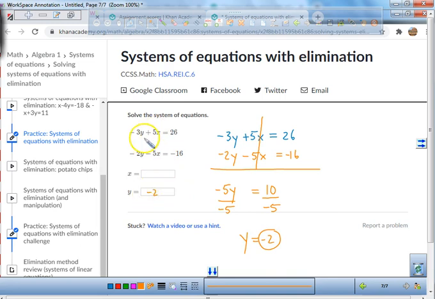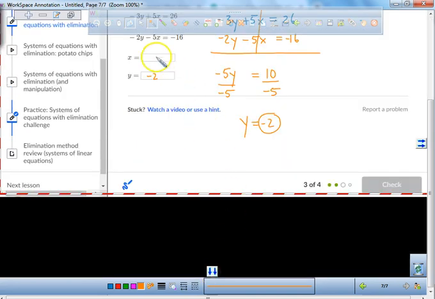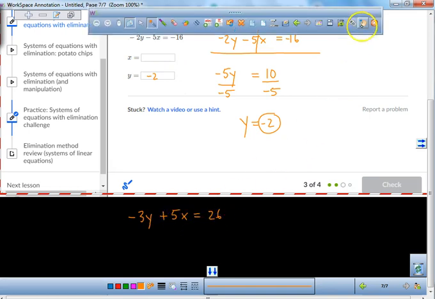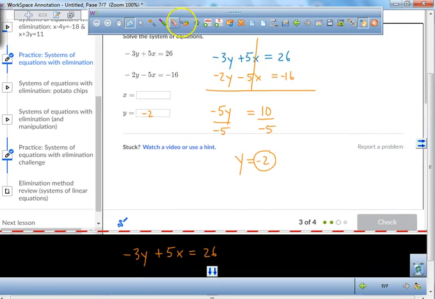So what I'm going to do is plug it into the top equation, which is negative 3y plus 5x equals 26. I'm going to take this negative 2 and plug it in right here. That's all you have to do.